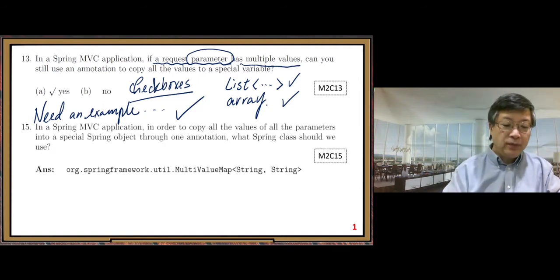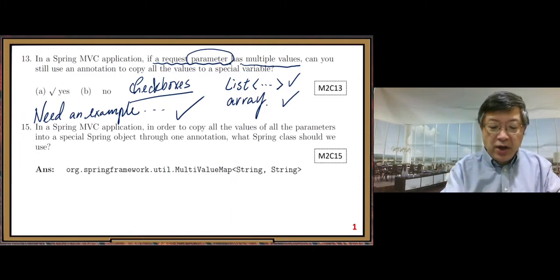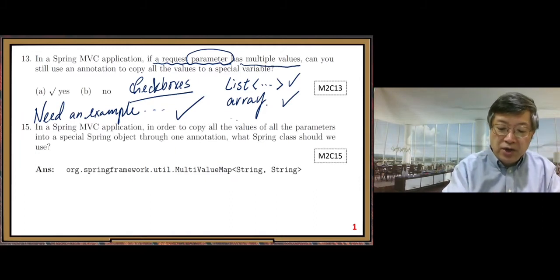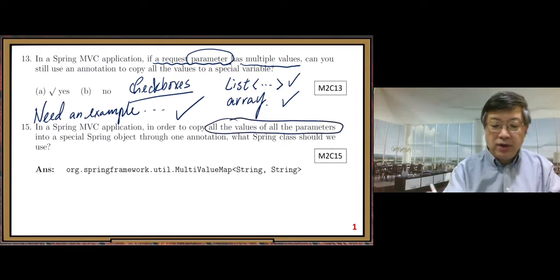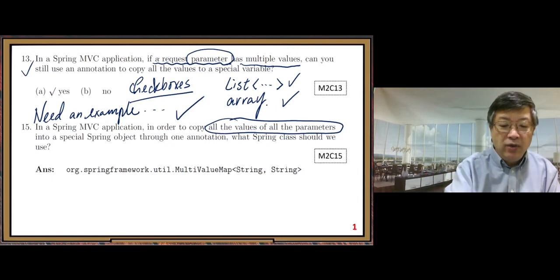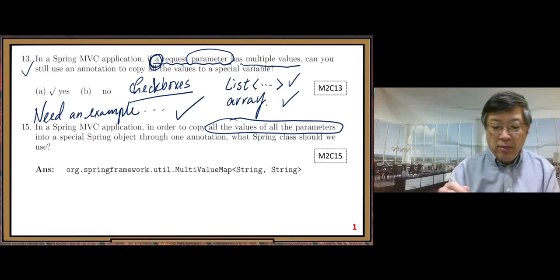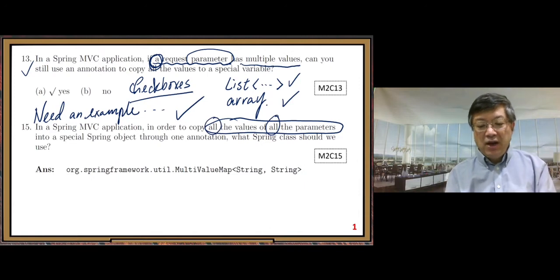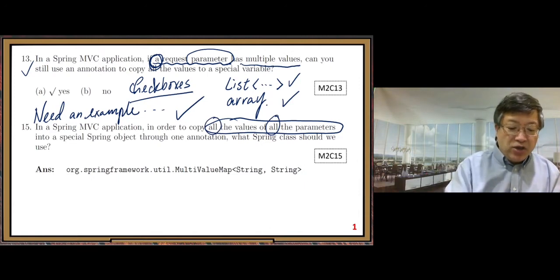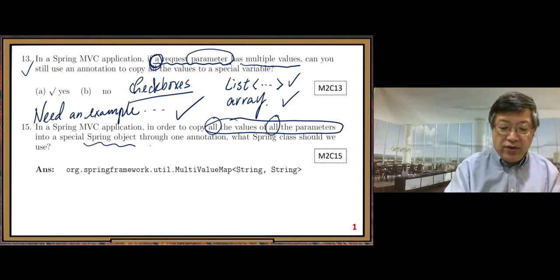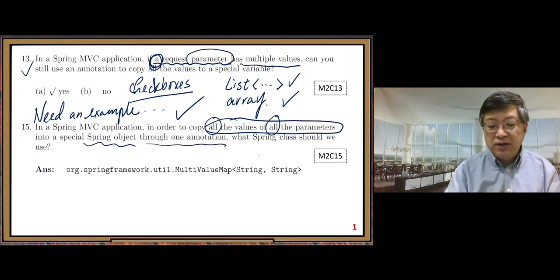This one, number 15. In a Spring MVC application, in order to copy all the values of all the parameters. So this case is different from the previous one. Here we only look at one request parameter, but here we look at all request parameters and all the values into a special Spring object through one annotation.